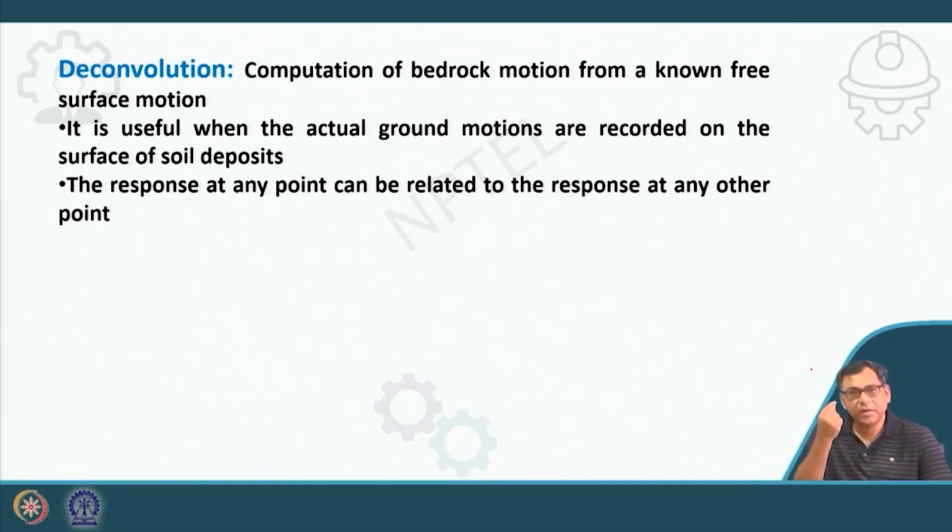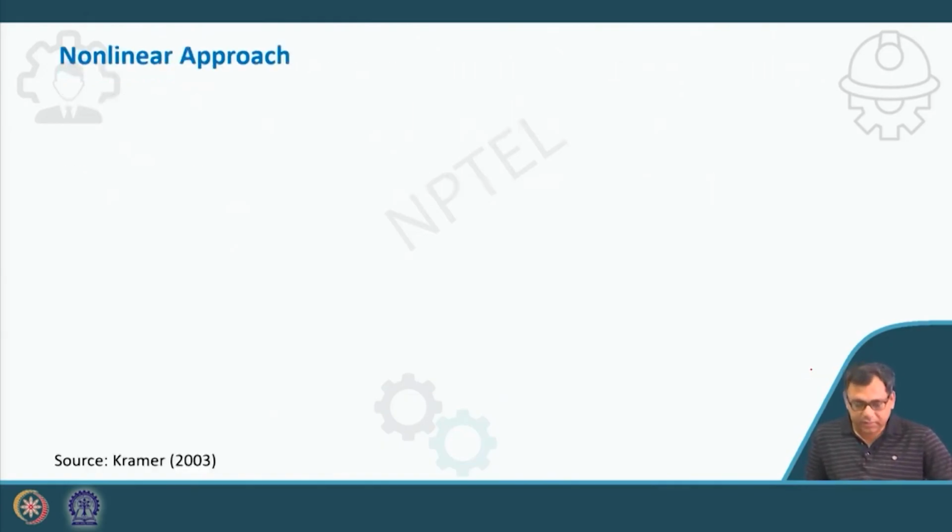So from the bedrock to the surface, surface to the bedrock, and if the bedrock continues to another location, from that bedrock you will get the surface motion for that location. That means the response at any point can be related to the response at any other point. That is called deconvolution, and now I will discuss the linear approach.